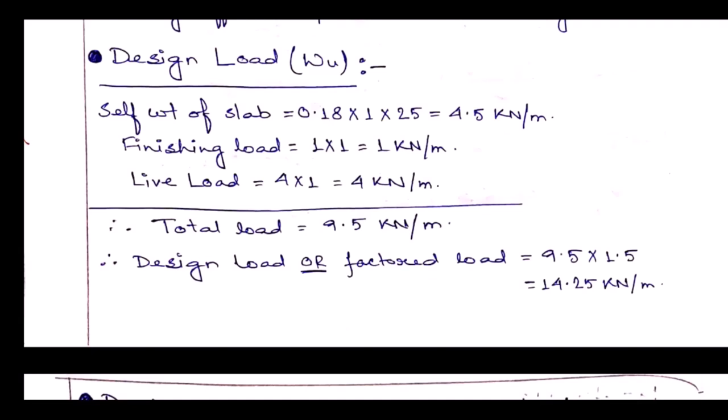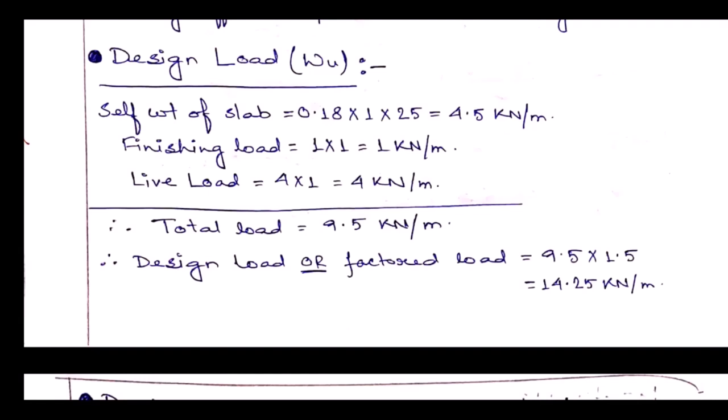Now we have to multiply the load factor, that means the partial safety factor for load, for the combination of dead load and live load, which we can get from table 18 of IS 456/2000, that is 1.5.